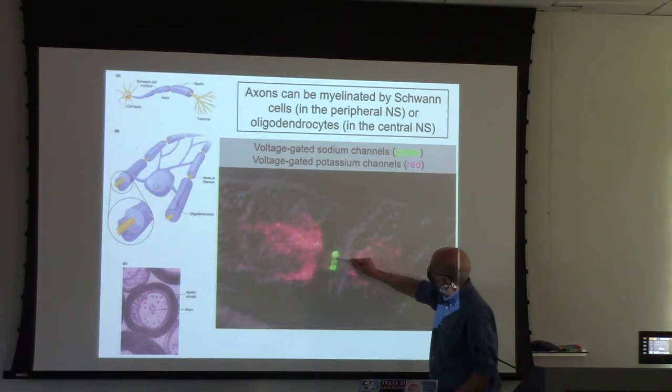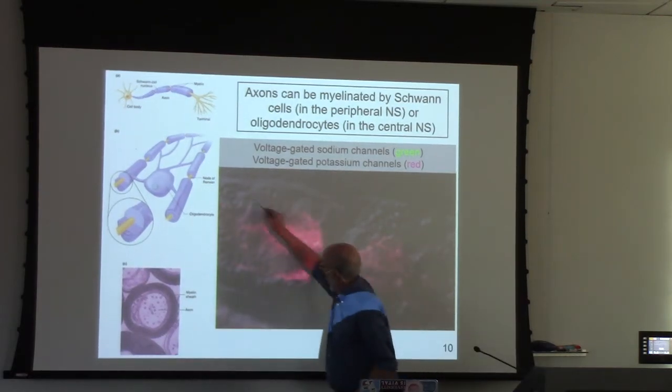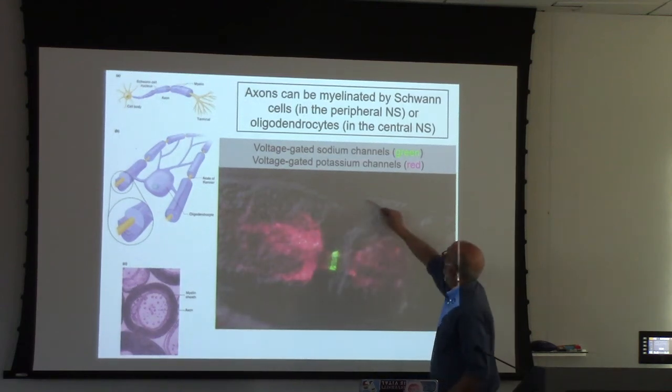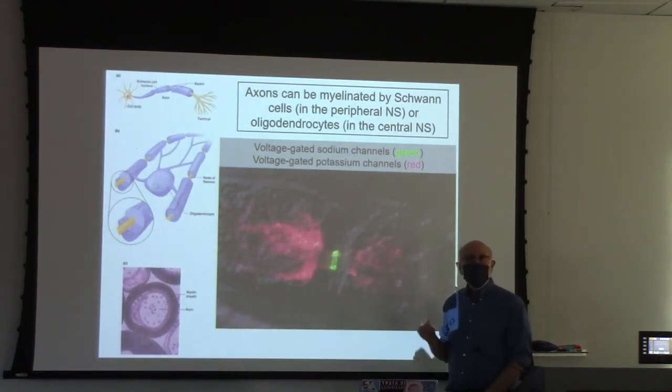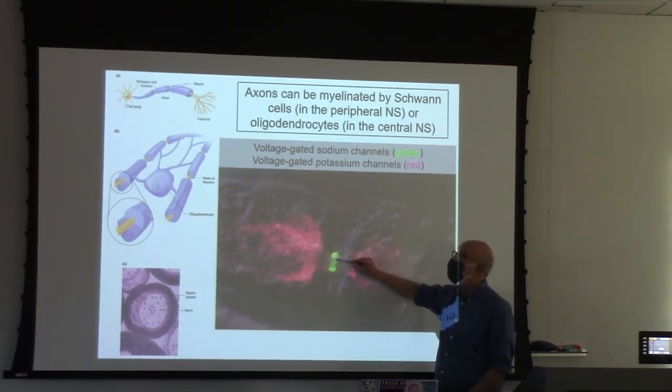So there's the node of Ranvier. This cloudy gray stuff, which you can now barely see, is the myelin. And you can see here, the green label is labeling voltage-gated sodium channels that we're going to talk about in detail right now.